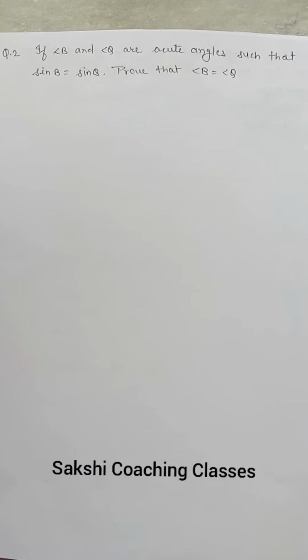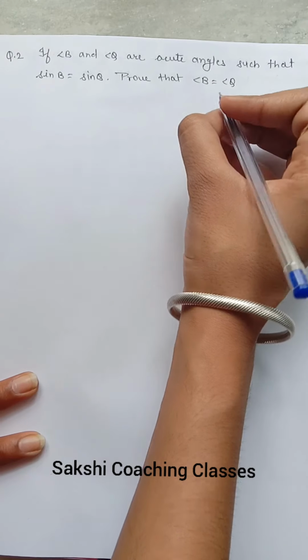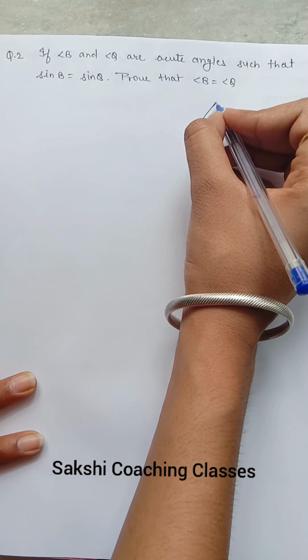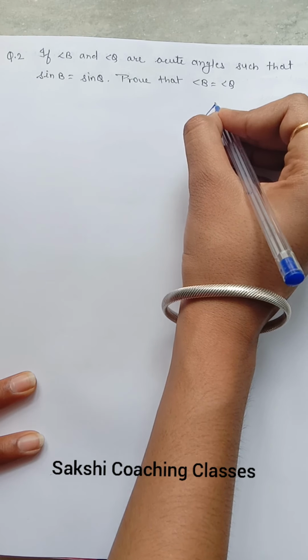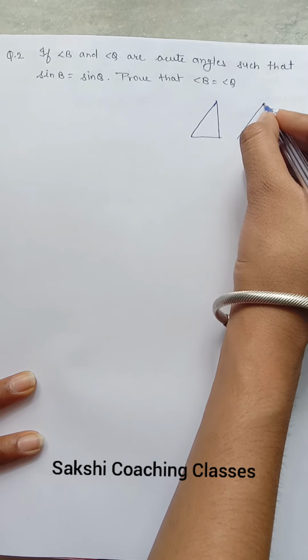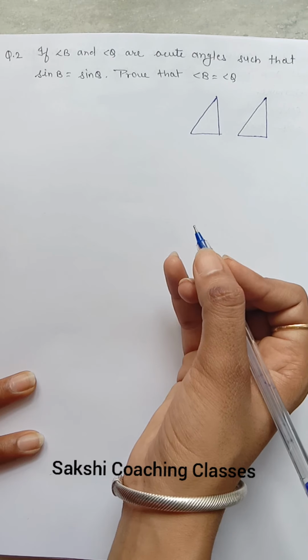Question 2. If angle B and angle Q are acute angles such that sin B and sin Q are equal, prove that angle B is equal to angle Q. Here 2 acute angles are given, so let's consider there are 2 right angle triangles.